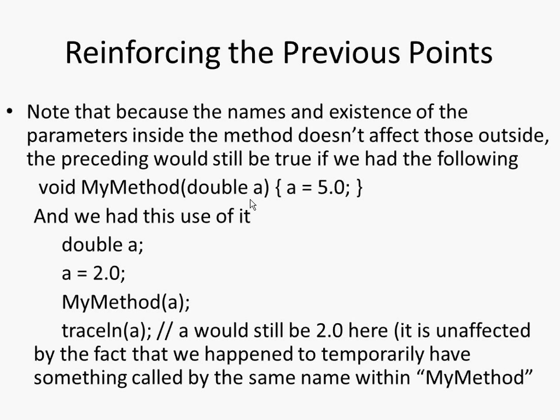Because this guy is passed value 2, just passed the value. So only passed the value, number 2, and that goes into a location called A, a new location, which lives up here, and then that location is assigned the value 5.